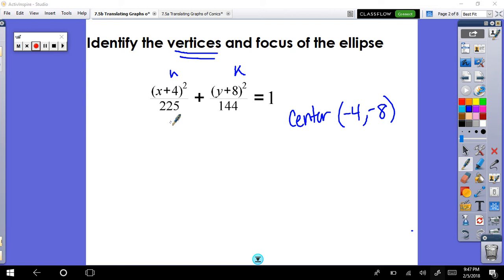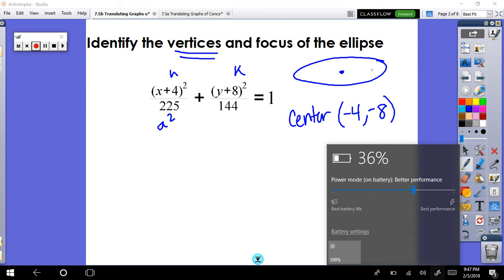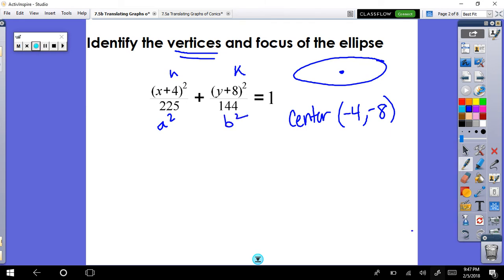Then, since the bigger value, or the a squared value, is under the x, my ellipse will be a horizontal ellipse. It will be more wide that way. So then this is my b squared value. So if a squared equals 225, then a will equal 15.